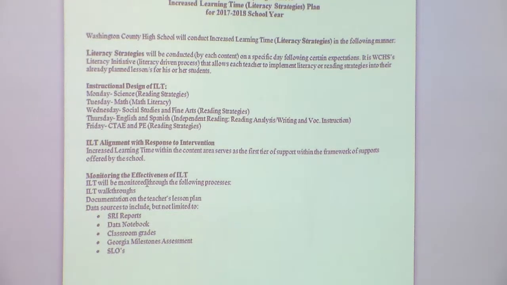That means when you're doing your collaborative planning on Friday, you put a reading strategy in there. That's all that means. It doesn't mean you change or have to add something else, because our literacy initiative hasn't gone anywhere. Any questions about the expectations of these? Everybody's clear? Okay.